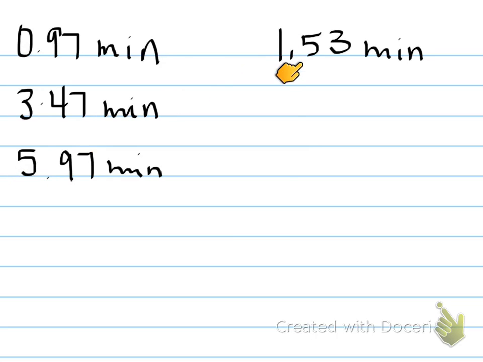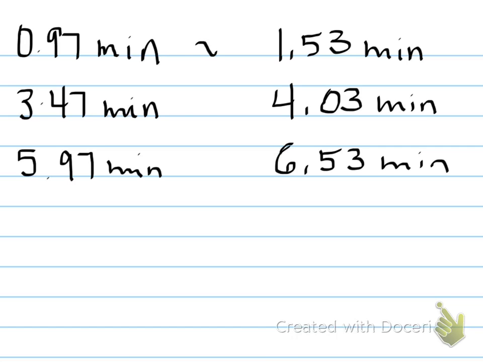The same goes for when it ends. It ends at 1.53. Add 2.5, you get 4.03. Add again 2.5, and you get 6.53. And these are all the possible times in which you could see Niagara Falls during your 7.5 minute ride.